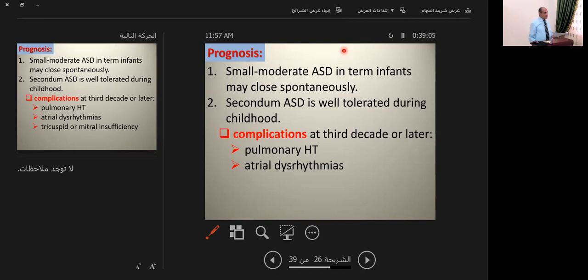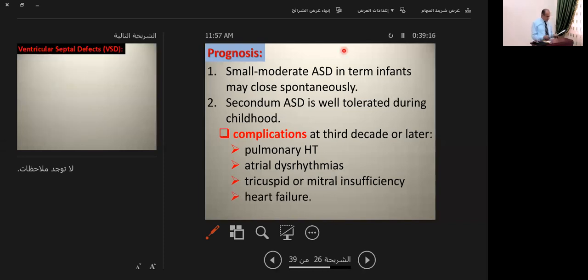Tricuspid or mitral insufficiency due to the increase of blood flow through these valves, and heart failure, which occurs in the third decade of life.